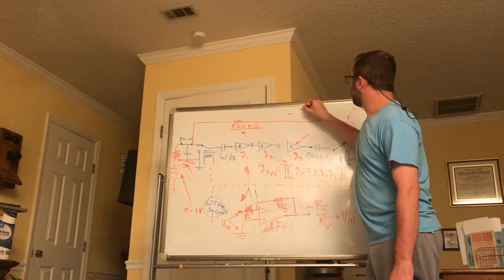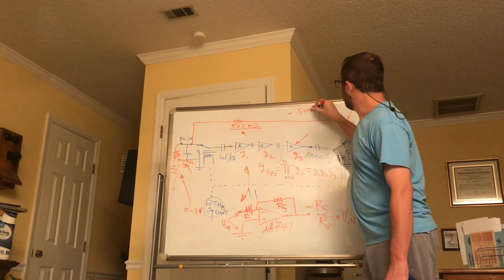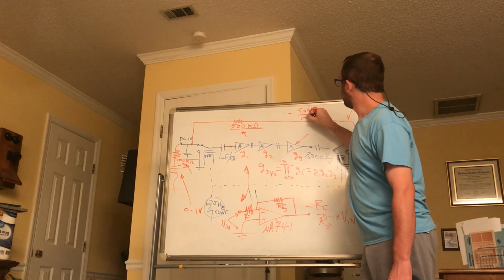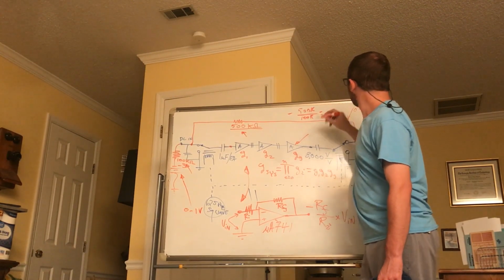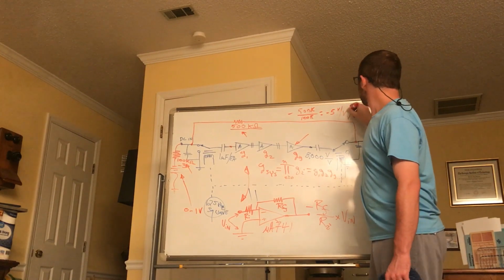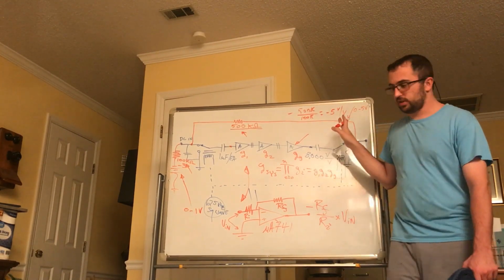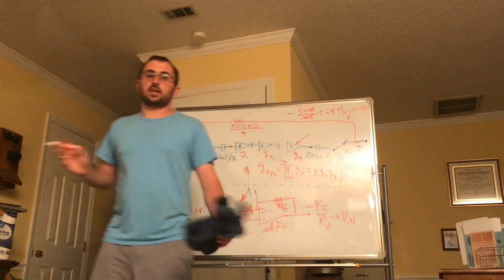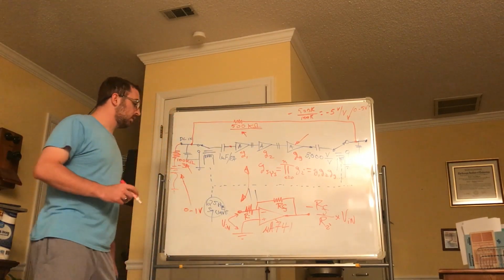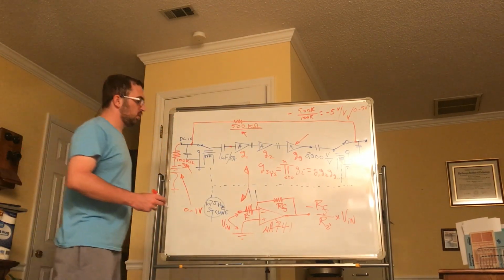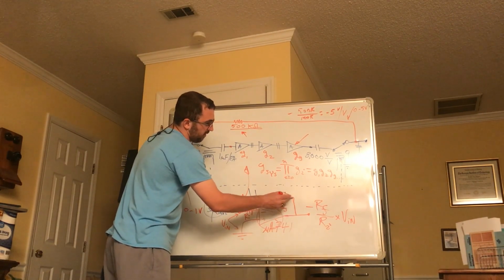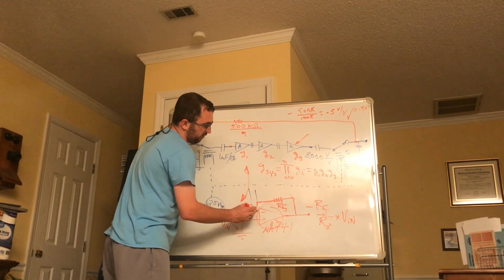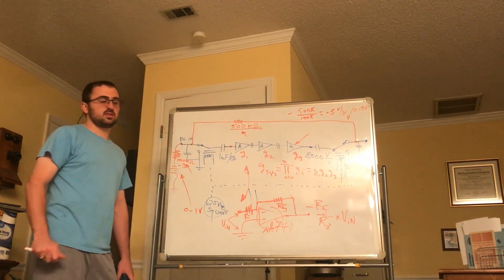The gain is negative 500k divided by 100k, which would equal negative 5 volts per volt. And this uses feedback techniques. I'm going to have to describe exactly how feedback works in a different video. But basically, if you have a very large gain on this amplifier, you can use a feedback resistance that lowers the gain predictably. I've written about this in my senior thesis.